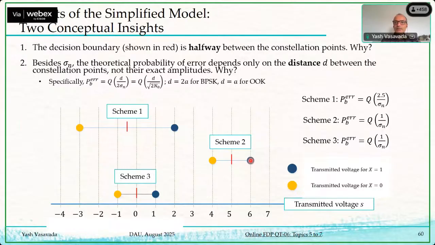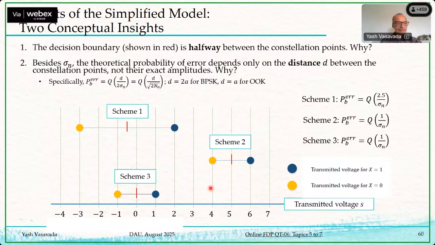Yeah, I think the answer is correct. Hemani gave the right answer. 6 square plus 4 square, 36 plus 16, divided by 2 because we have to do average. So that becomes 26 units. So scheme 2 expends 26 times more energy on average per symbol compared to scheme 3. But it gets the same performance.